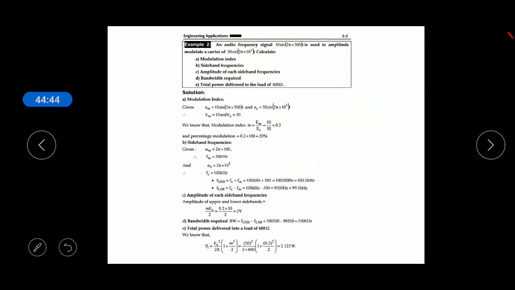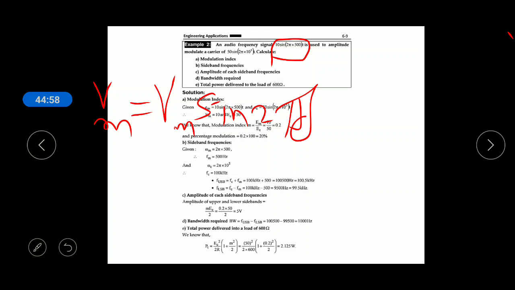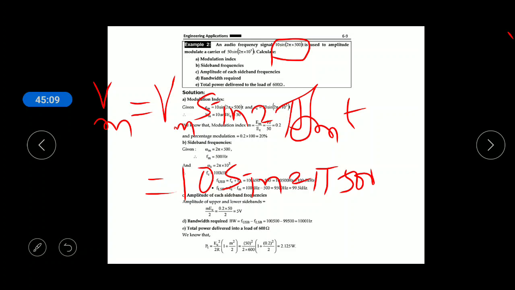So when you look at the audio signal, what is the modulating signal standard equation? Vm equal to capital Vm sine 2 pi fm t. Then what they have provided is 10 sine 2 pi 500 t.